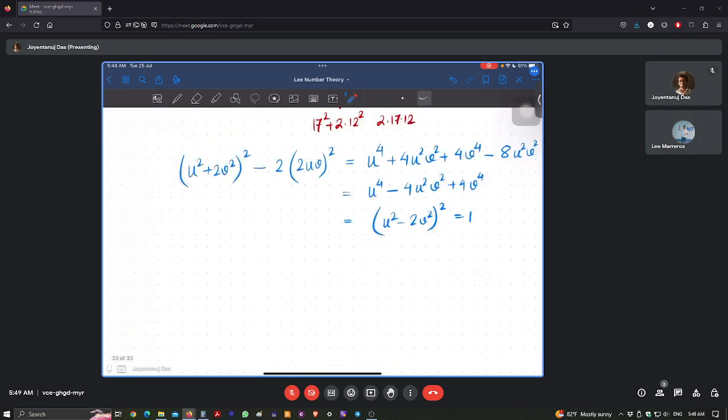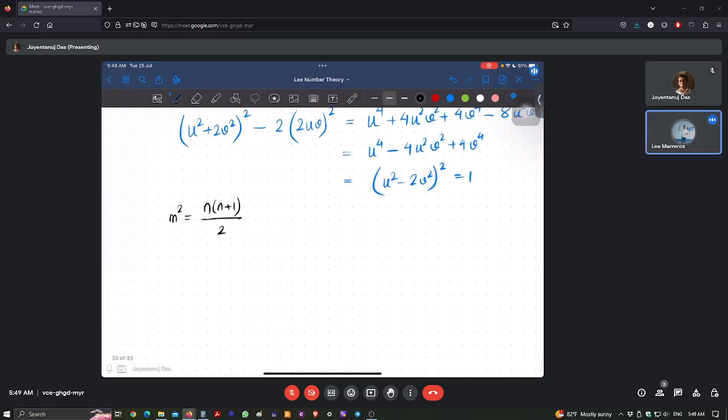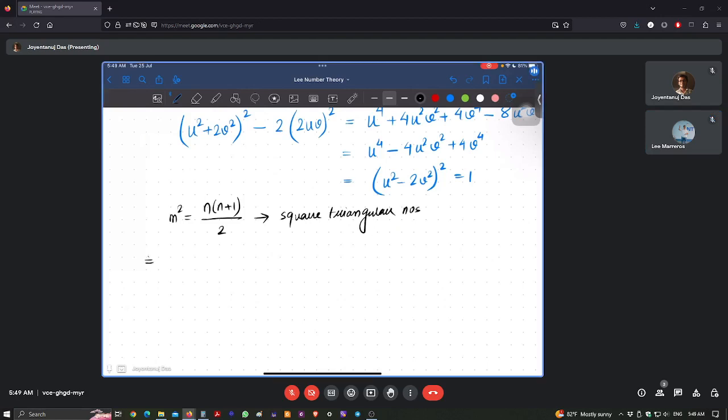We want m squared to be equal to n into n plus 1 by 2, right? So this is the property of a square triangular number. Now let us simplify. So 2m squared is nothing but n squared plus n, right?